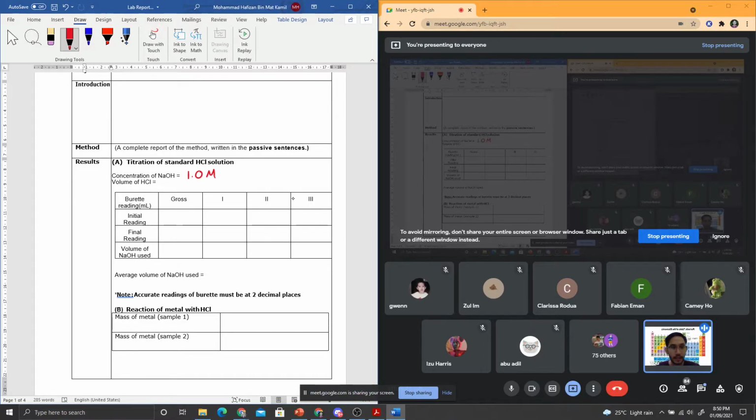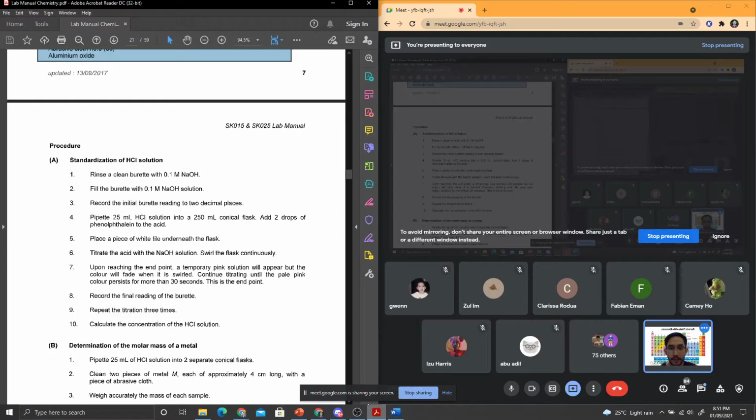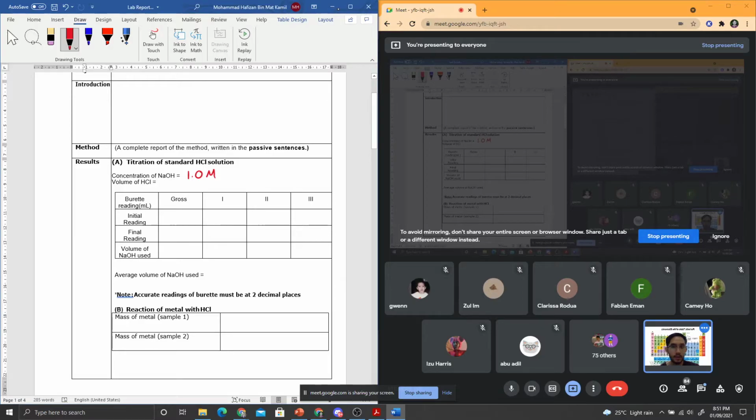So that is one thing I want you guys to change, that we don't use 0.1, we use 1.0. And the volume of HCl you can get from the lab manual. Remember to only use the readings I give. Change it in the procedure, just change that only. We use 1 molar. So for the readings here, use the readings I give you.